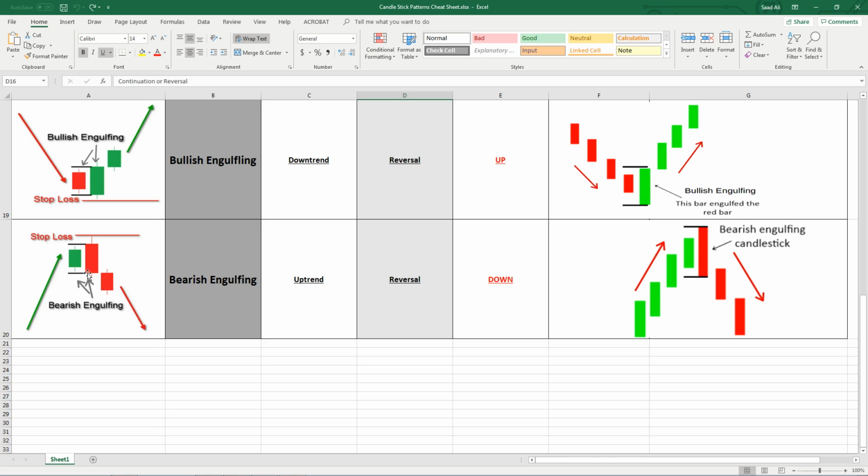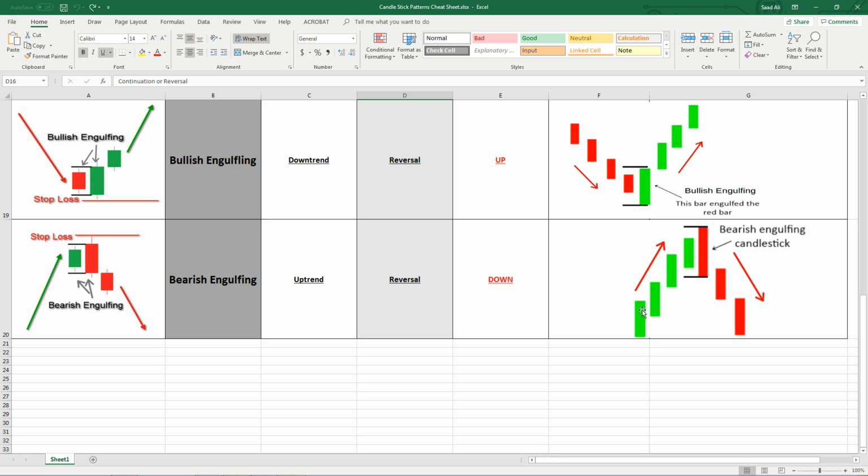And see how this body, see these two black lines? The body of this red candle engulfs this green candle. And this happens during an uptrend. So price was coming up, reached a level of resistance, and then got hammered down, and price continued down. That's what a bearish engulfing is. It's a reversal pattern. The next move was down.